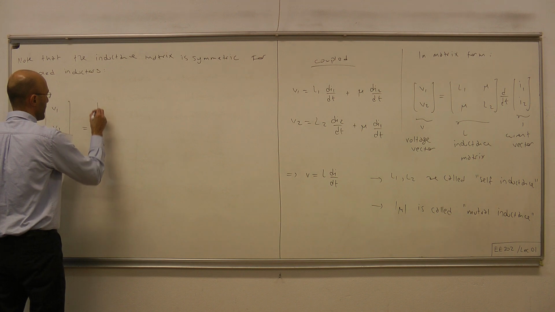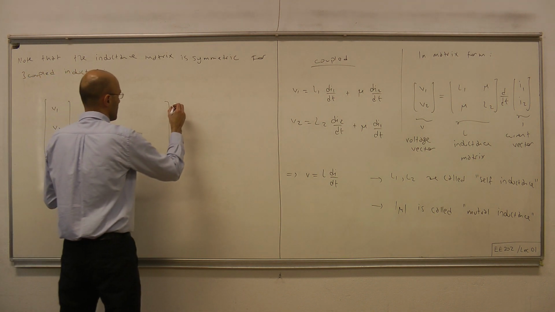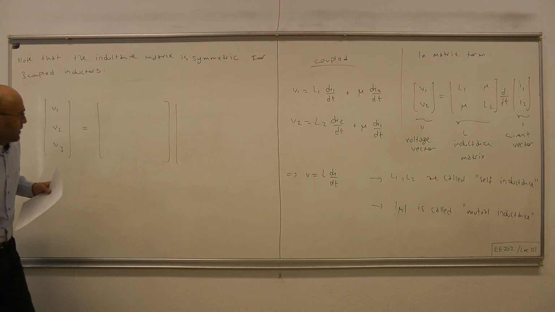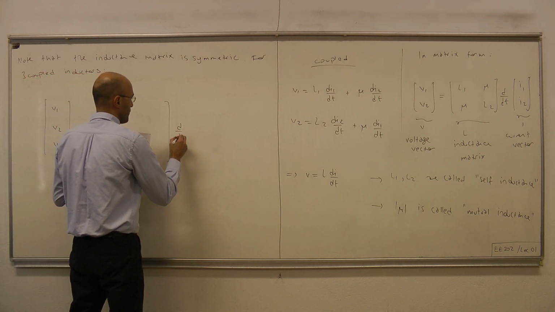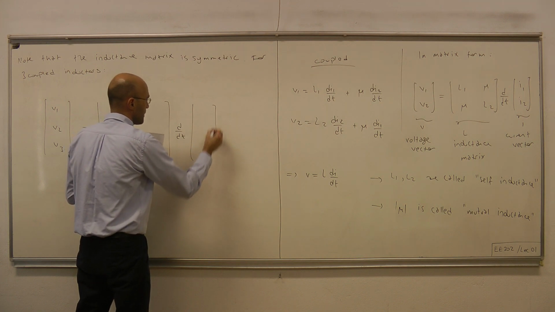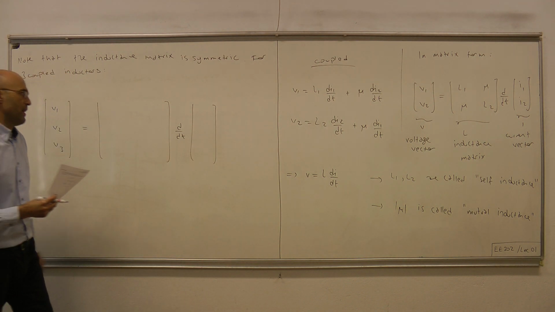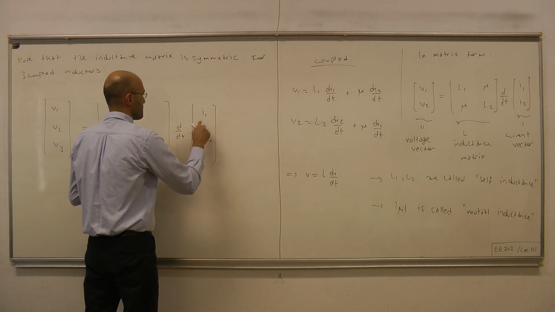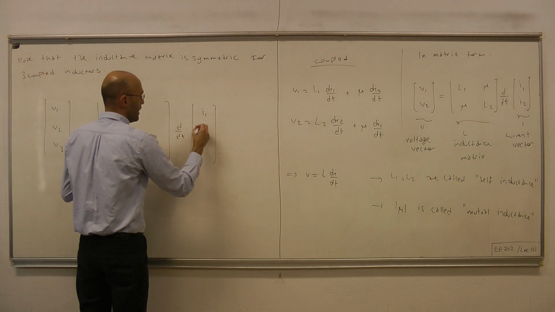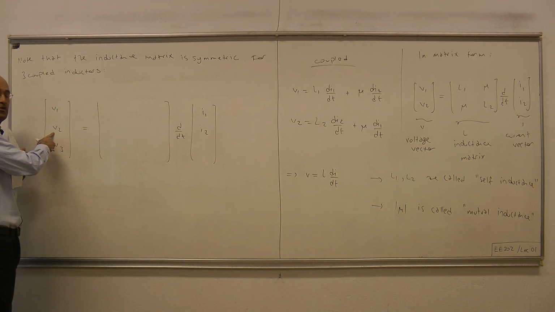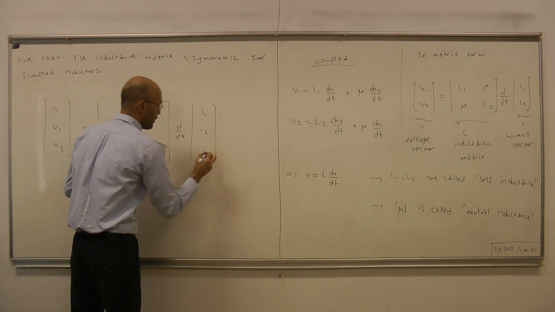Then we have the inductance matrix, and the rate of change of the current vector: I1, the current of the first coil whose voltage is V1, I2 whose voltage is V2, and so on, I3.